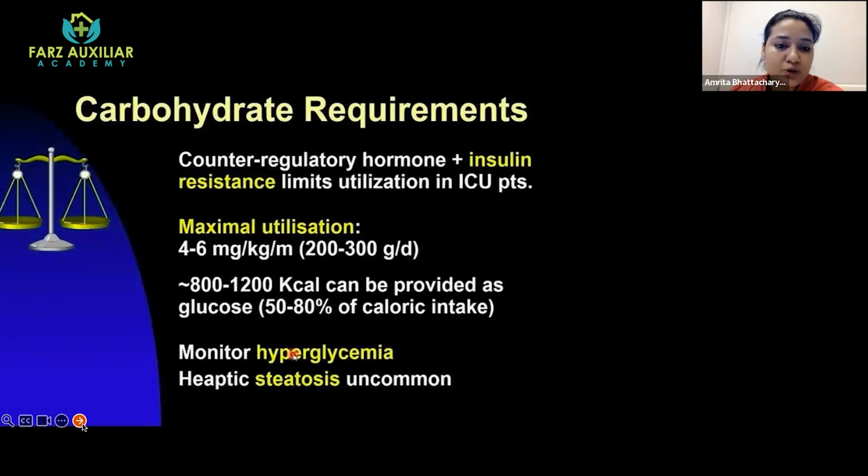So the maximal utilization is a ballpark figure of around 5 milligram per kg, which means you can give around 800 to 1200 kilocalories as glucose. That is 50 to 80% of your caloric intake can be in the form of carbohydrates. You definitely need to monitor for hyperglycemia.